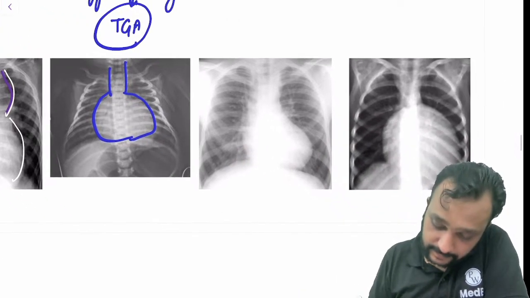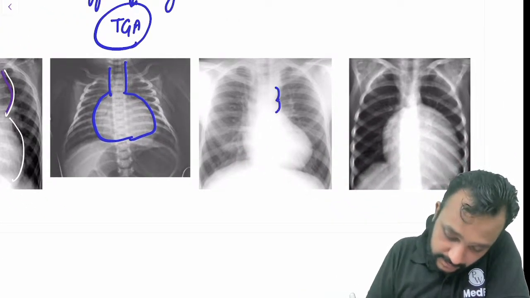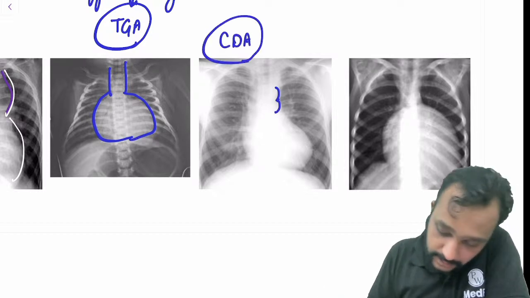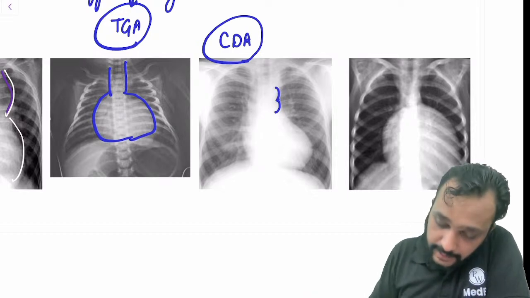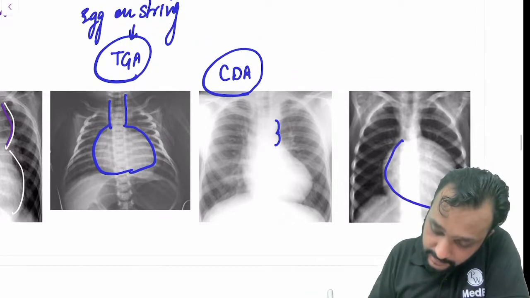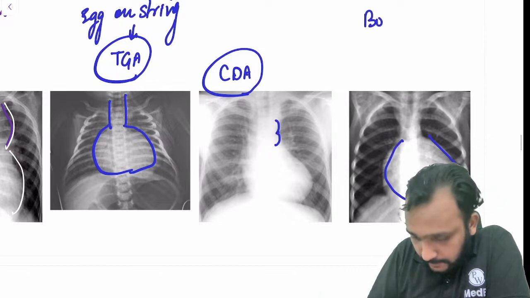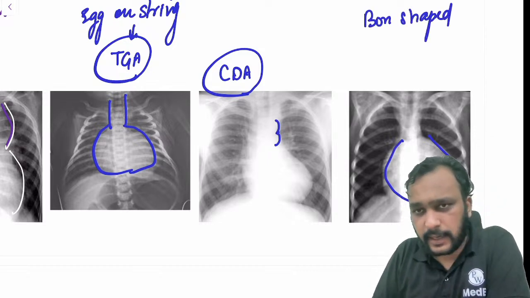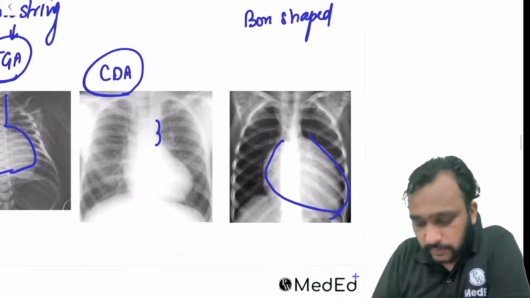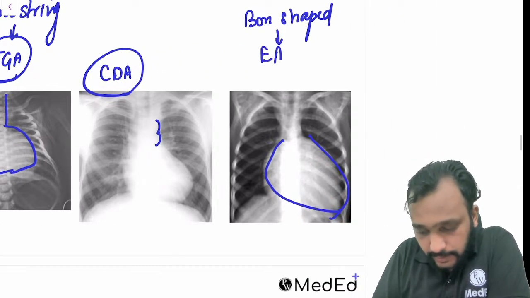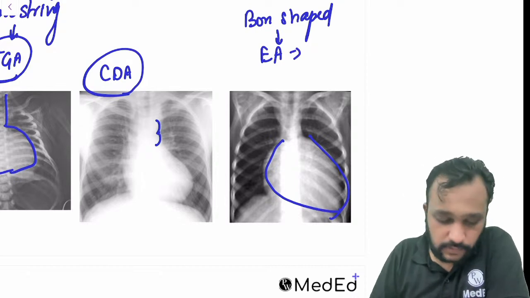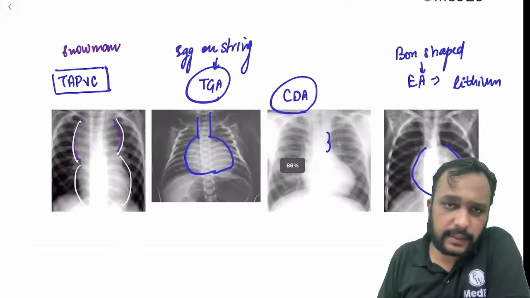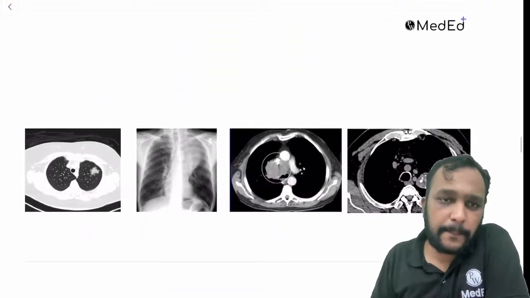And this is a case of reverse 3 sign, that is in coarctation of aorta. And the last is the box shaped heart. So this box shaped heart, guys, just remember that it is associated with Ebstein anomaly, and Ebstein anomaly is associated with lithium use in pregnant women.